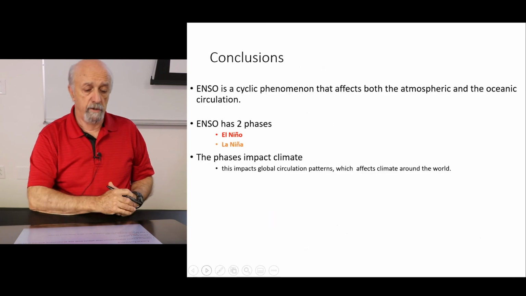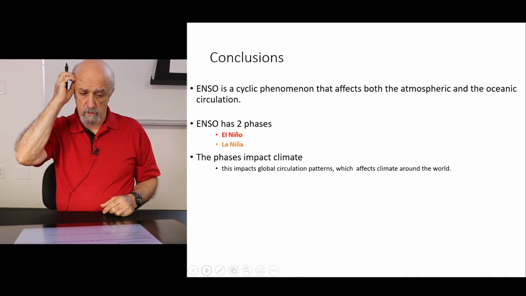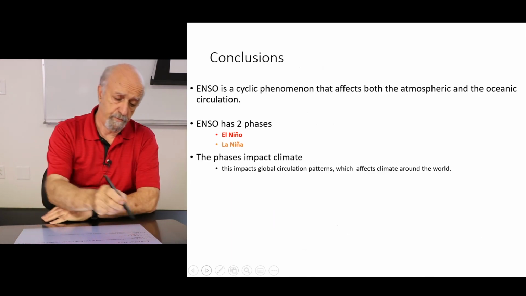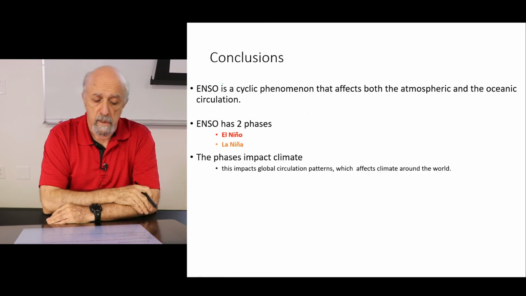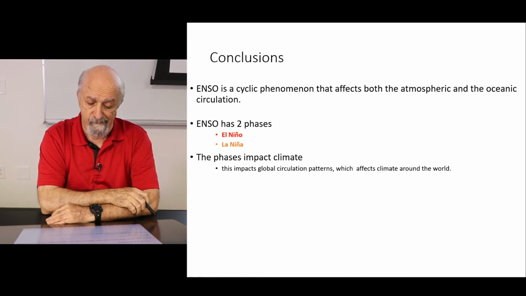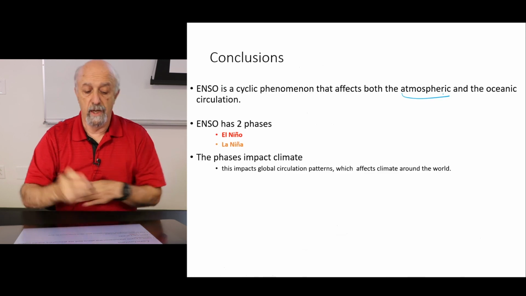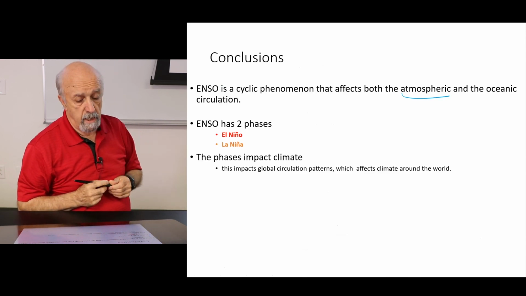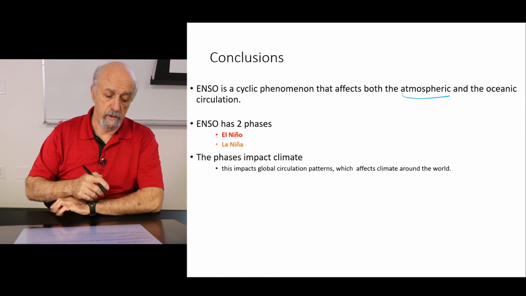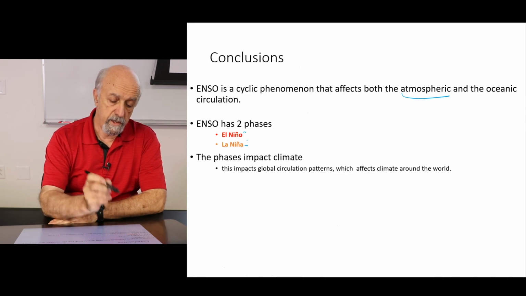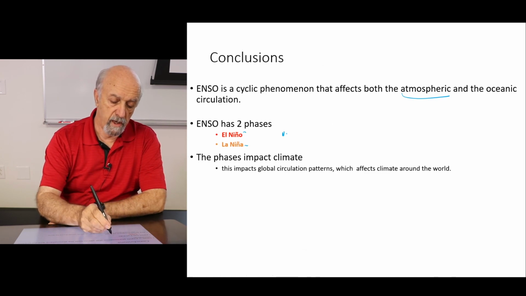Well, anyway, to finish this, in conclusion, we have this. The ENSO, or El Niño Southern Oscillation, is cyclic. It's affecting the atmosphere, obviously, and also the ocean. We do see 2 phases, El Niño, La Niña, and in between we have what we may call the normal.